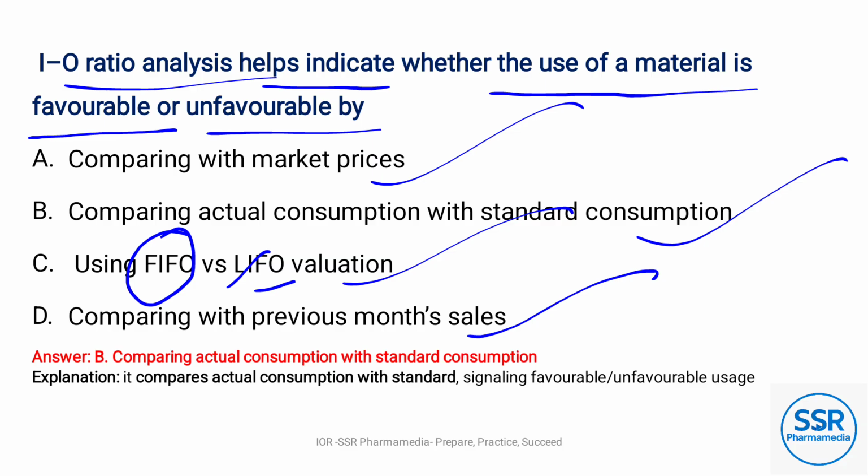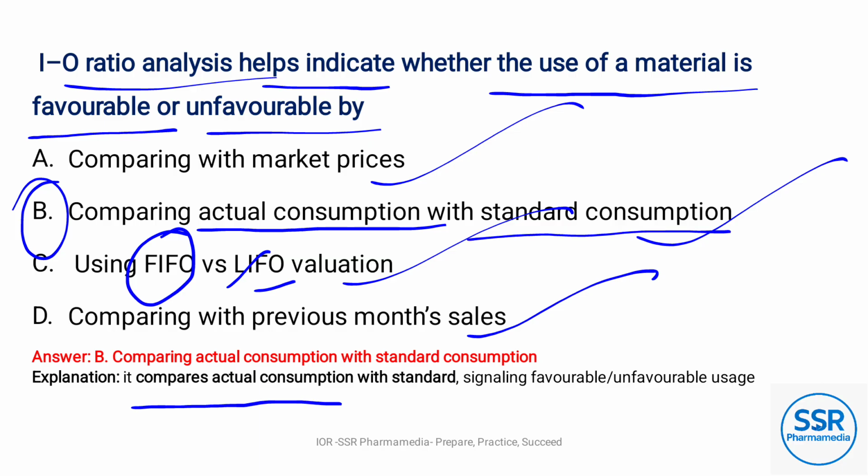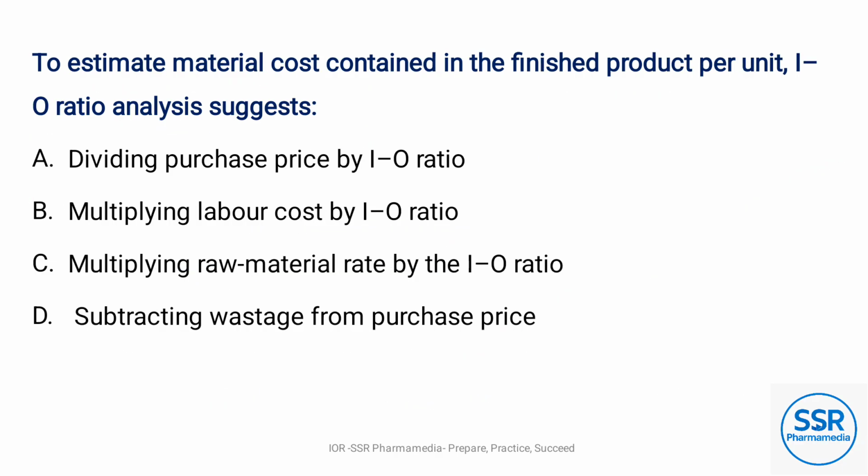So the answer is B, comparing actual consumption with standard consumption. It compares actual consumption with standard consumption, signaling favorable or unfavorable usage.